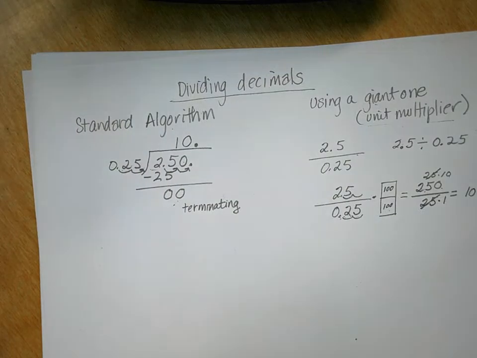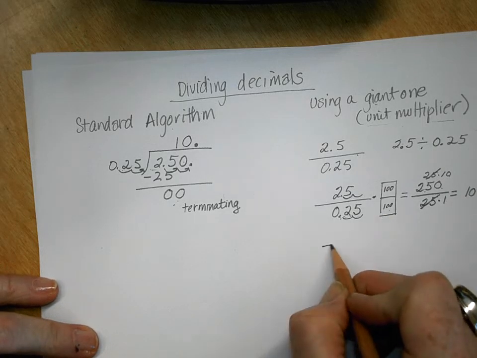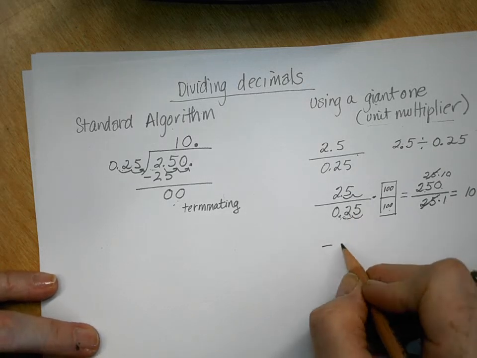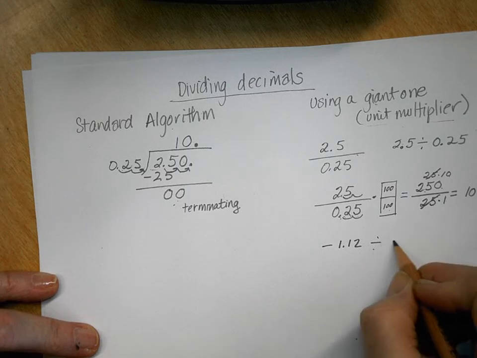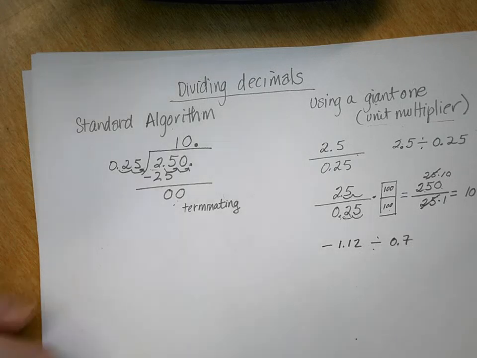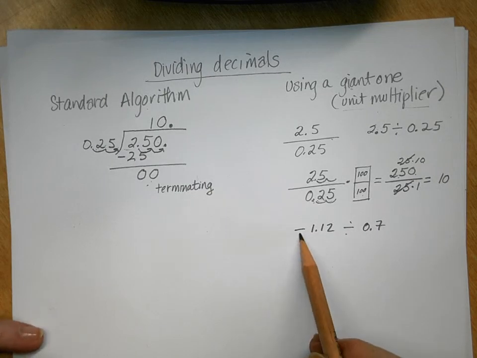Let's use another example. Let's say negative 1.12 divided by 0.7. The first thing to note is that this is a signed number.